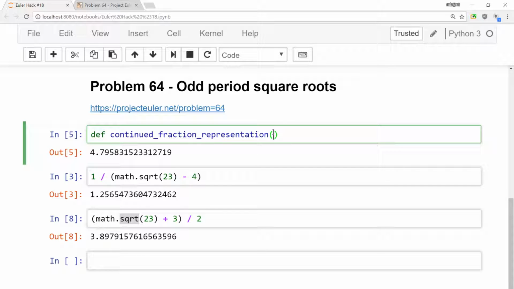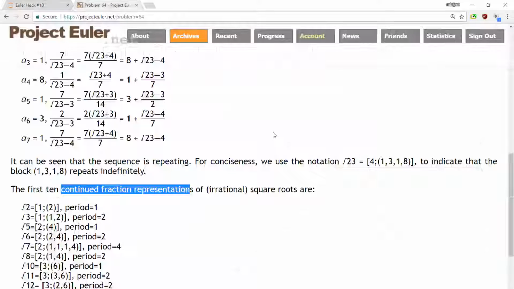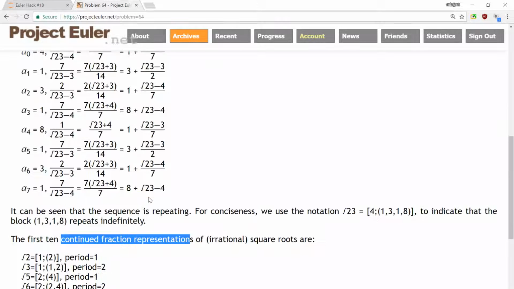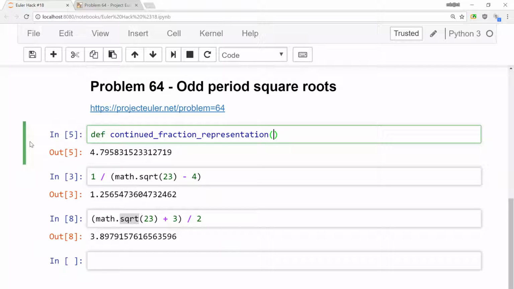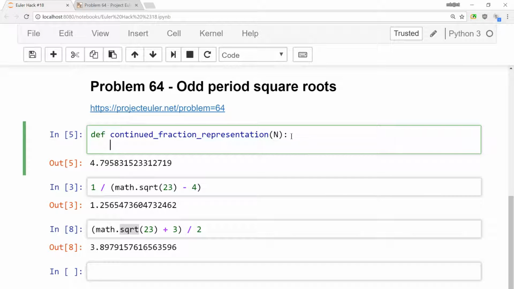So we'll get the CFR for, I suppose, this is big N, right? Yes, so we'll just do big N. And the first thing I guess we'll do is the square root of N, because we'll be calculating that a lot. We'll be using that a lot.